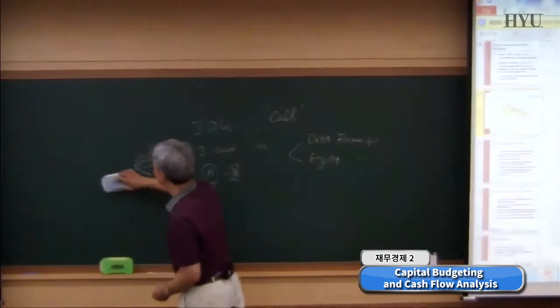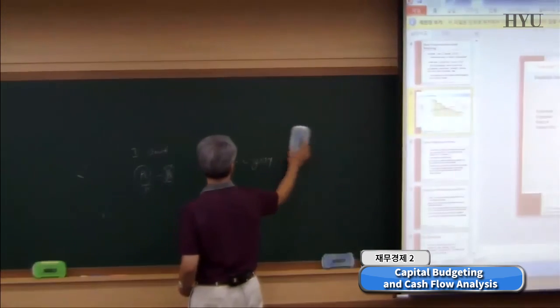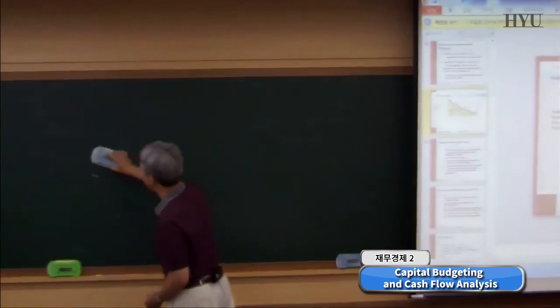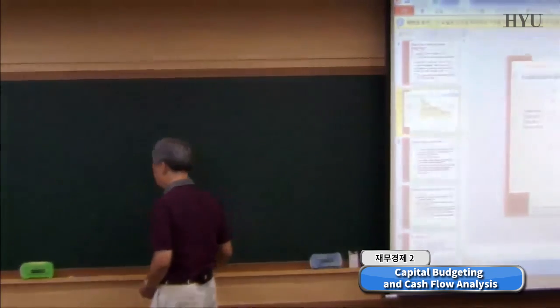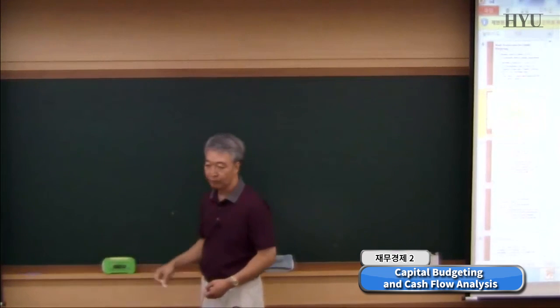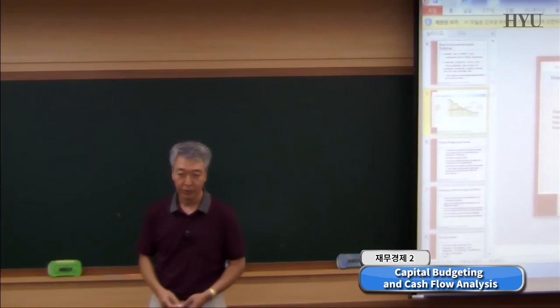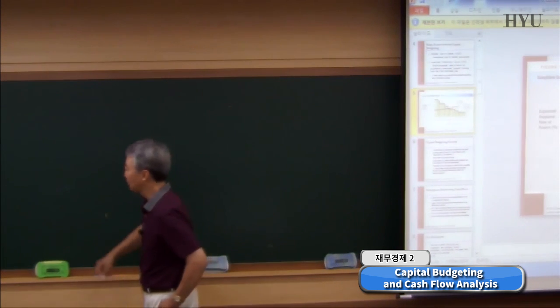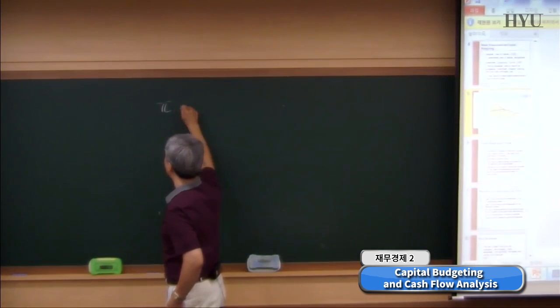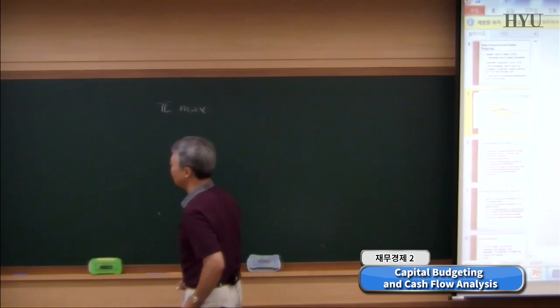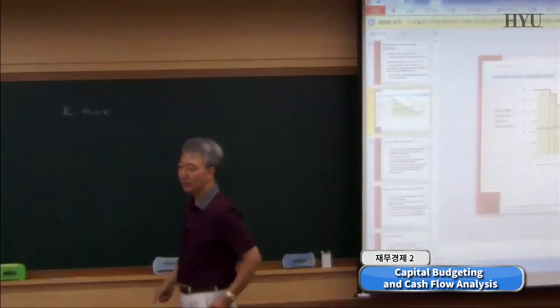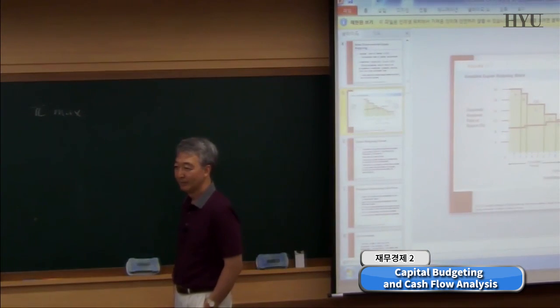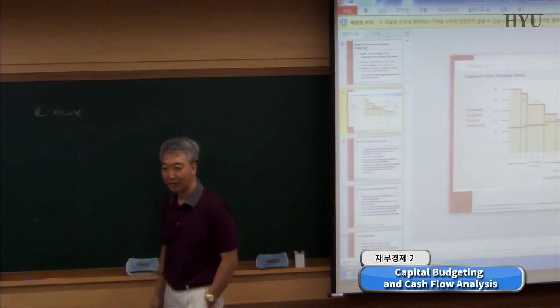How can we explain that? Let me try to make you understand that way, and let me try to refresh your memory from principles of economics. Profit maximization. You remember the profit maximizing condition? I know it's been a while, like a year.